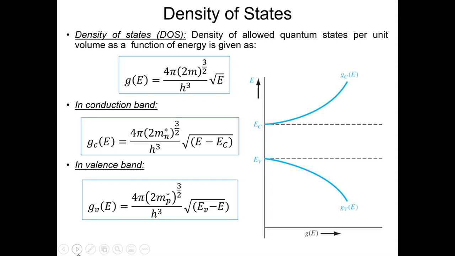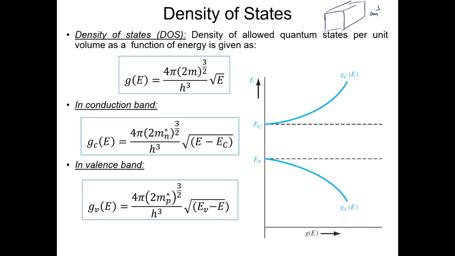So that's where we introduce the term density of states. I will skip the mathematical derivation for it, but what I'm trying to explain is that the density of states means, let's say you have a crystal lattice, with a given volume in the order of centimeter cube.